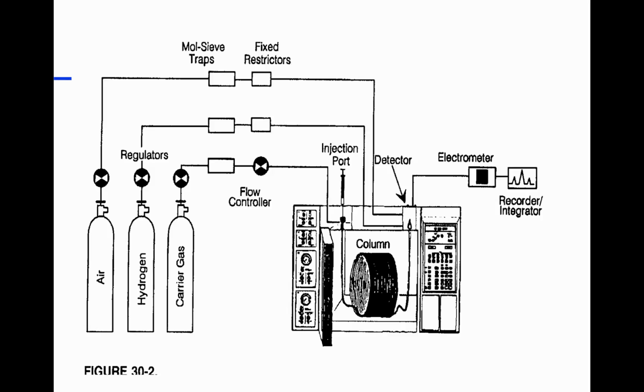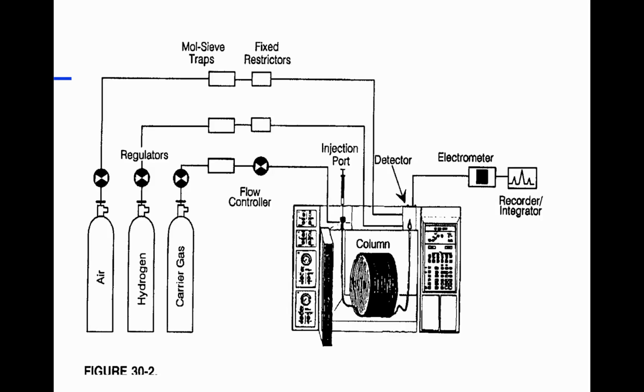When we start burning organic compounds, there's some ions in there, some pieces. Electricity actually flows across that flame. If it's a pure hydrogen flame, there's no electricity flow. If there's anything organic being burned, there is an electrical flow. So it's a simple detector and really one of our favorite detectors.